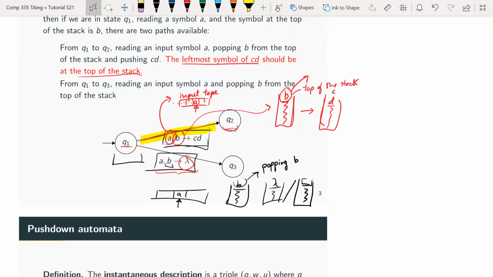The last very important stack operation that you'll see isn't actually here, but let me add it. So if you read an A, actually I think blue is a bad color. Let's do green. So if you read an A and you're not very concerned with what's at the top of your stack, and you're going to replace that thing that you're not very interested in, in this case the lambda, with let's say a D, then this just means that you don't care what's at the top of your stack.